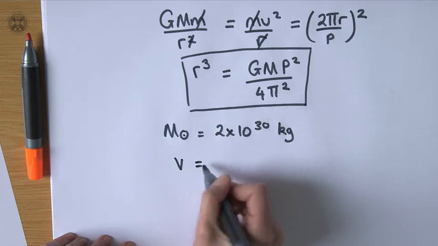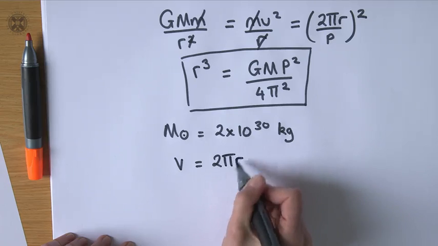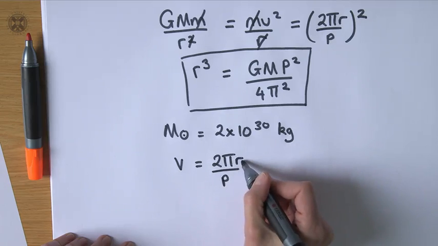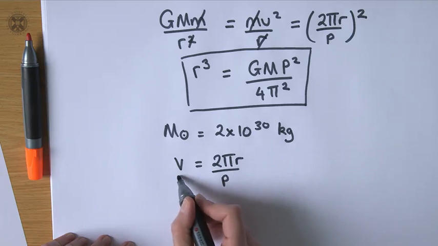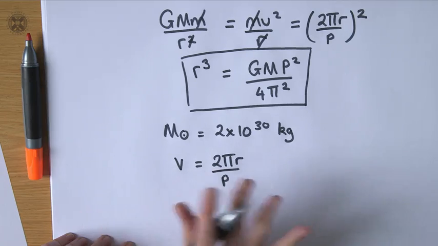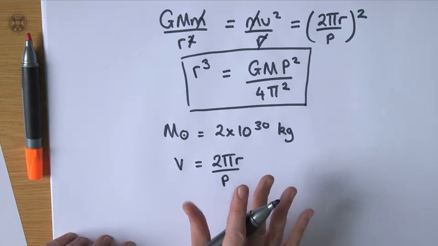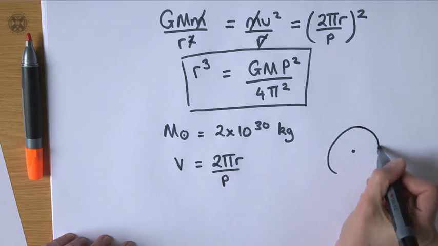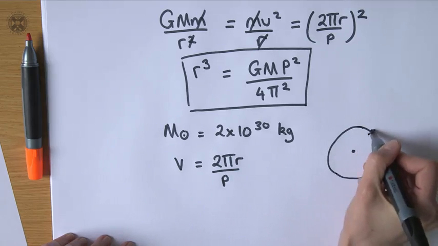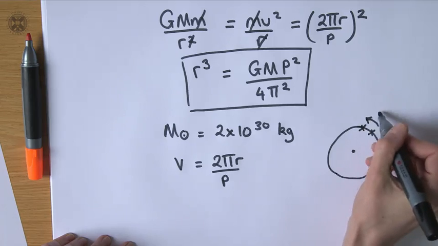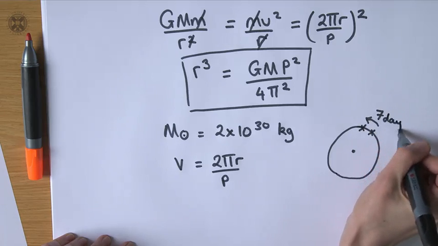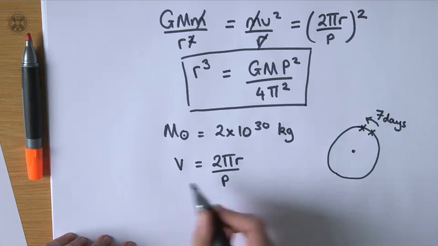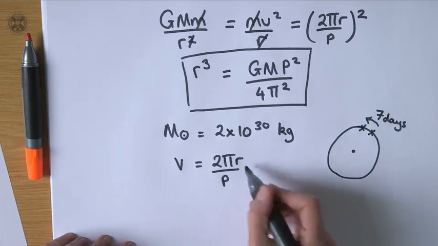Remember, the speed was just 2 pi r on P. So once you've calculated r, you can calculate the speed. So just with our simple model of an asteroid orbiting planet Earth in a perfect circle and some measurements of how far it moved in 7 days, we can calculate how fast it's moving and how far it is away.